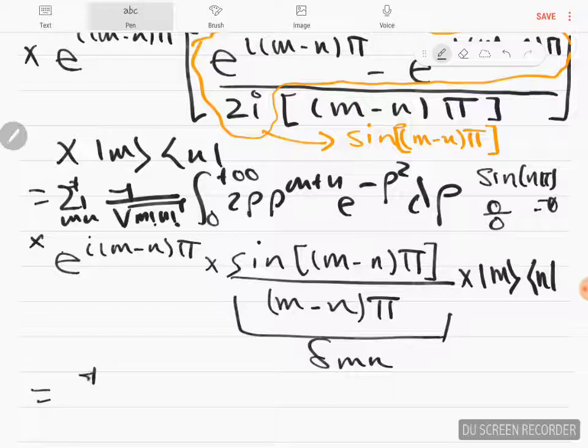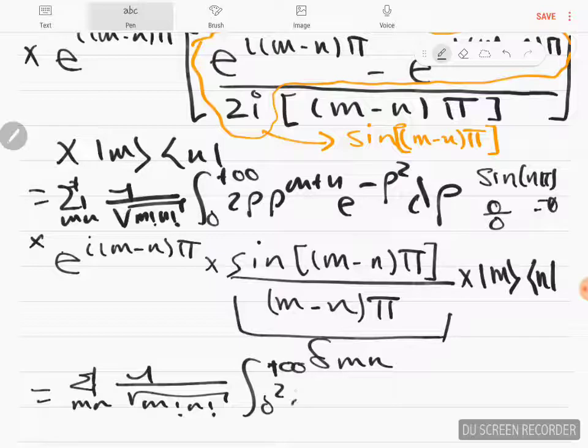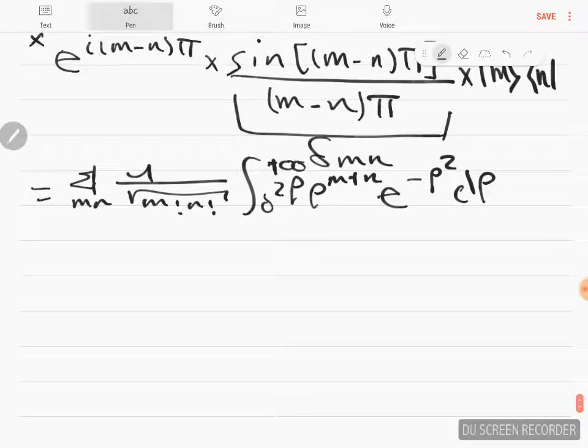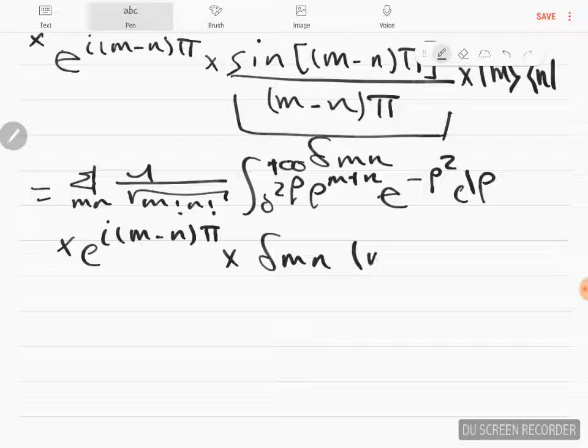And we can write summation over m, n, 1 over square root of m factorial n factorial, integral from 0 to infinity, 2 rho to the power of m plus n, e to the minus rho squared d rho, let's see, times e to the i(m minus n)pi times delta of mn, ket m bra n.